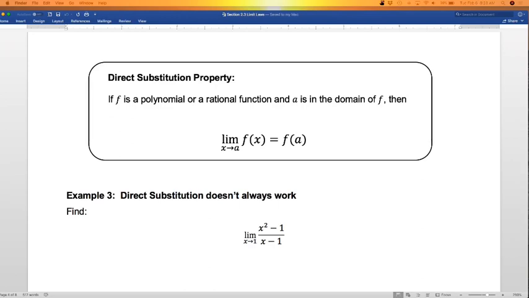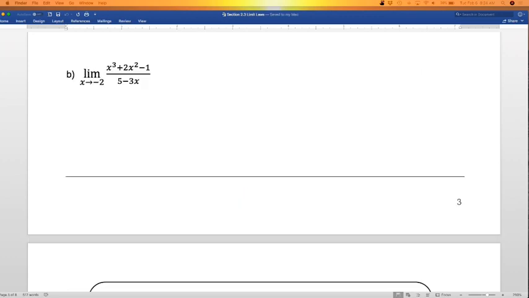With a rational function, all you have to really make sure is that you don't have a 0 in the denominator when you plug in that number. That's when a is not in the domain. So in this last problem that we did, the only number not in the domain of the problem in b is when 5 minus 3x equals 0, which is x equals 5/3.